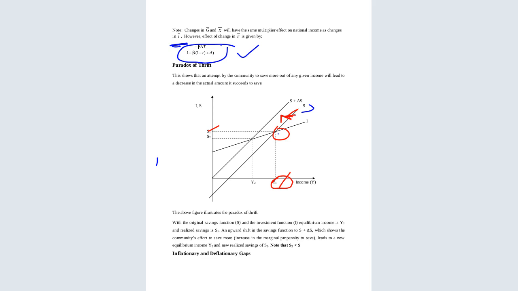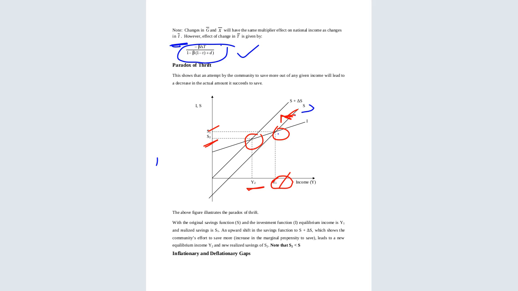So the new savings function will cut the investment function at this point here. The corresponding income is Y2 and the corresponding savings is S2. S2 is lower than S1 and Y2 is actually less than Y1.